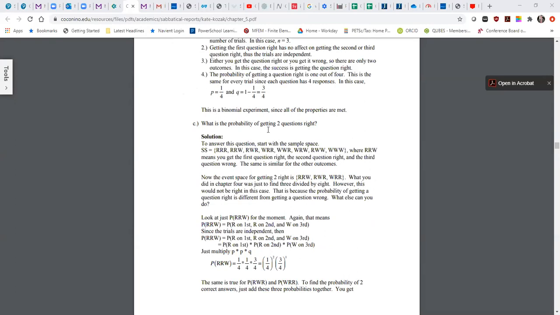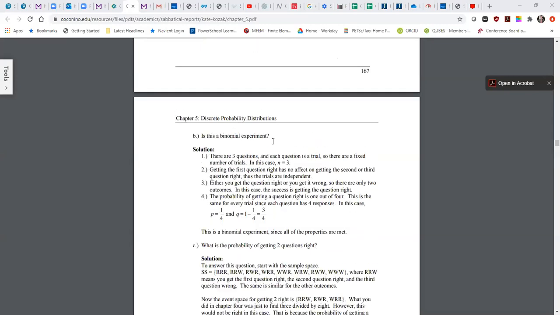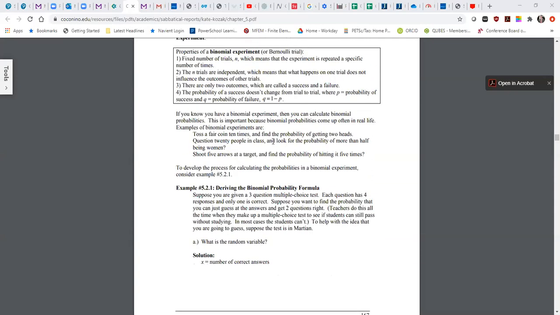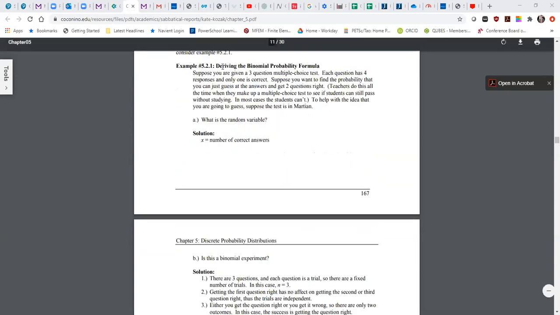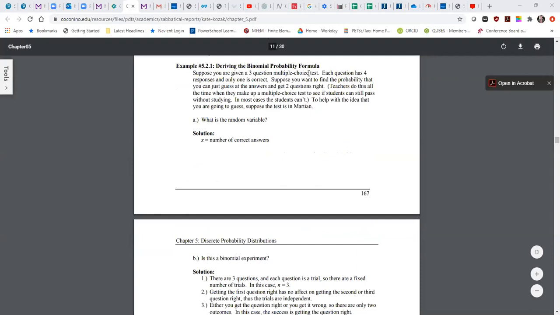So what is the probability of getting two questions right? There is a correlation with this one, right? Suppose you are given a three-question multiple choice test. Each question has 4 responses and only one is correct.